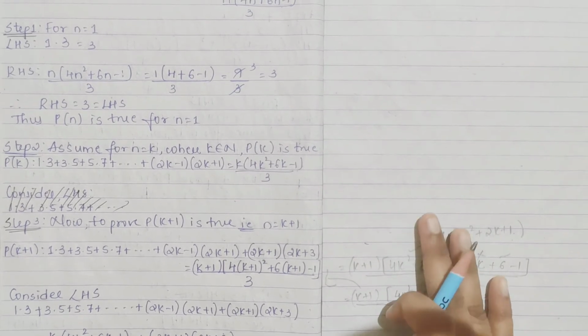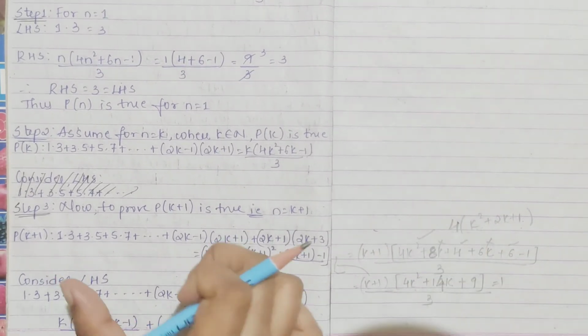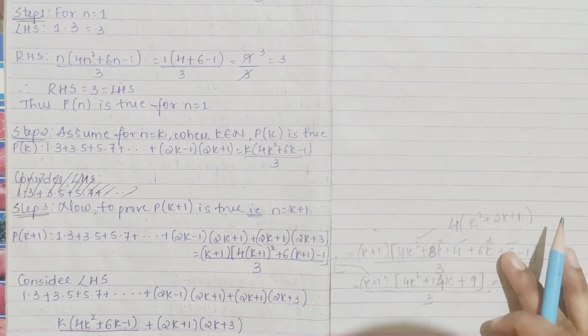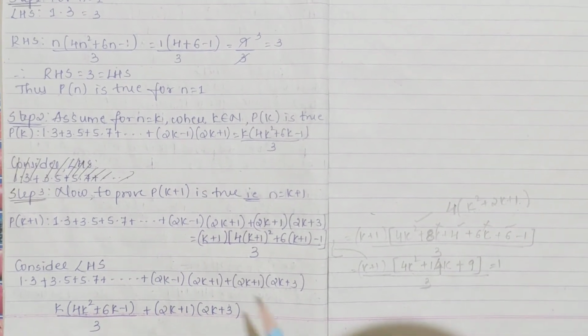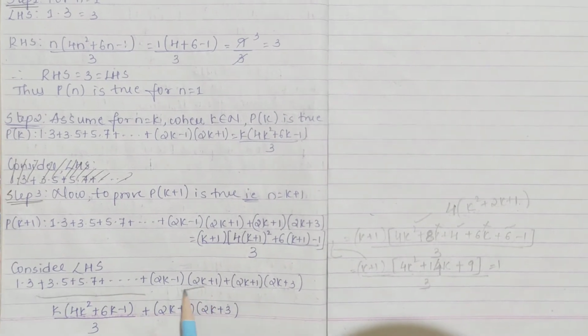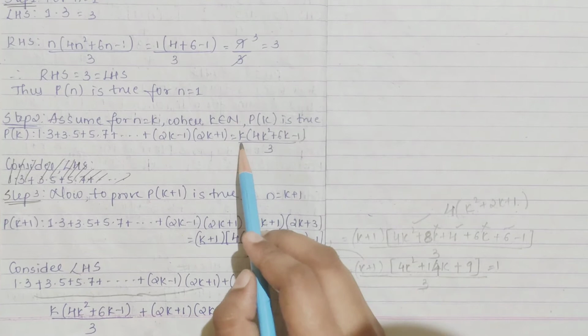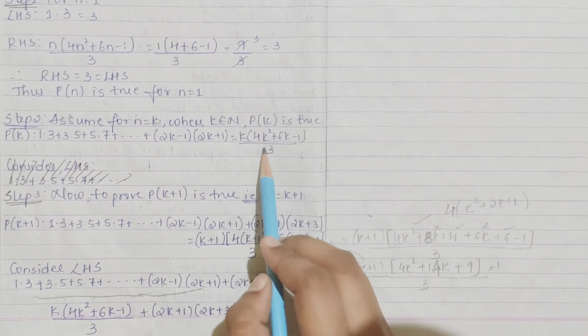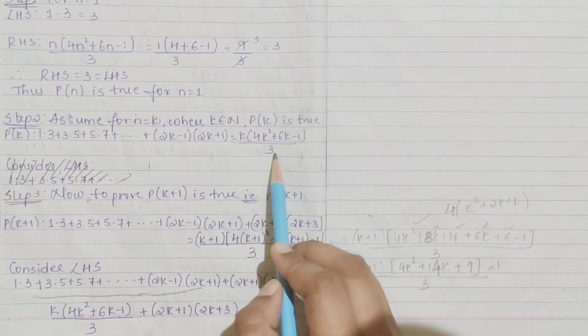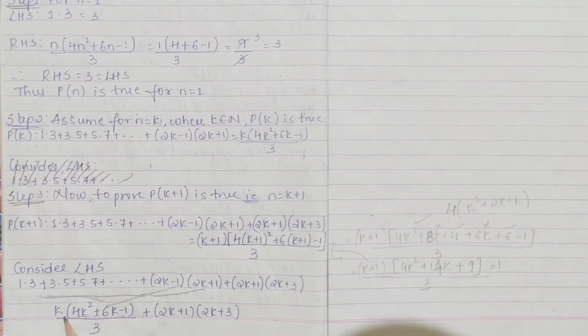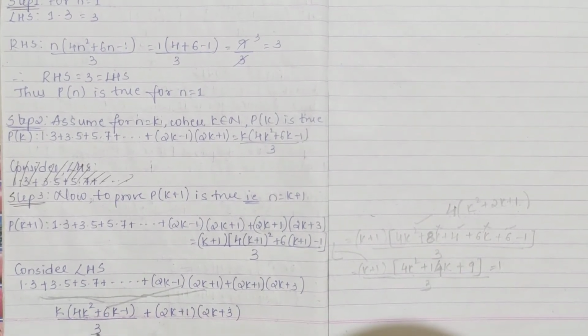Now the next step is what? We have to consider our LHS part, right? So 1 into 3, 3 into 5, and so on up to 2k plus 1, 2k plus 3. As usual, we know up to here this part is, from step 2, k into 4k square plus 6k minus 1, whole divided by 3.